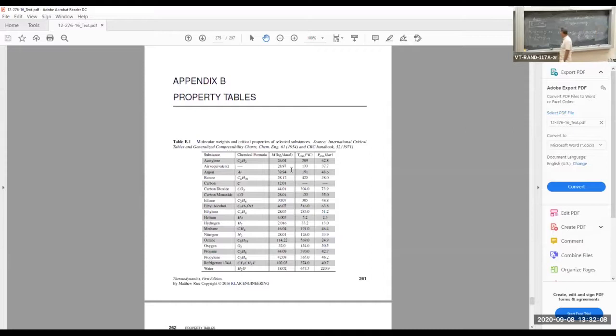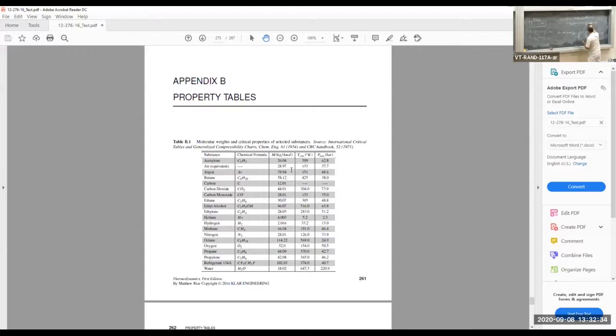So I'll get Q1 to 2 in terms of kilojoules. 214.07 minus 359.49, multiplied by 5.23, and so I get 760 kilojoules.